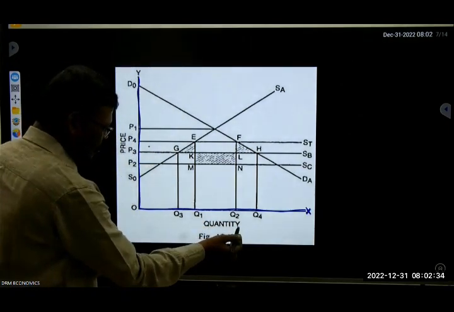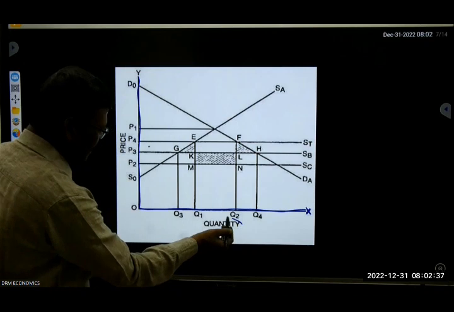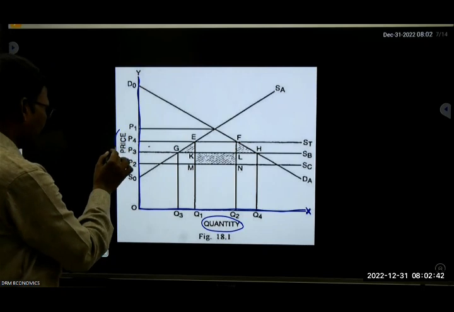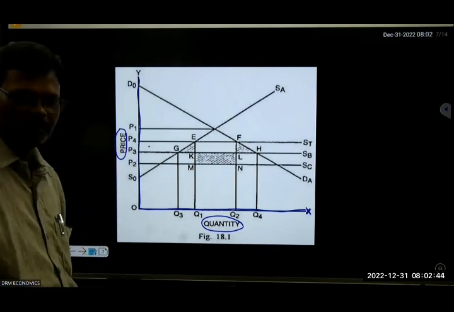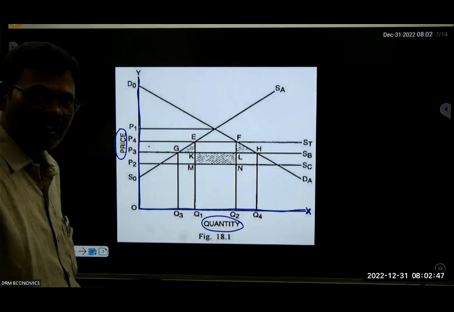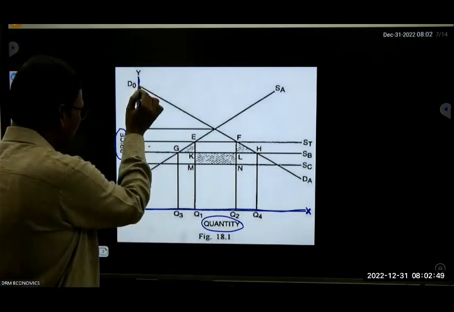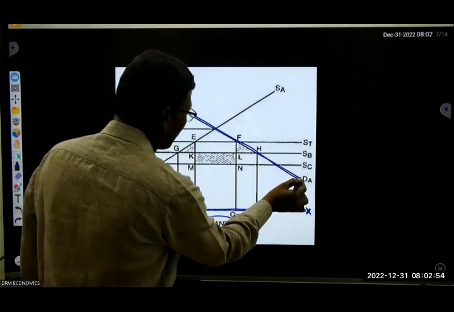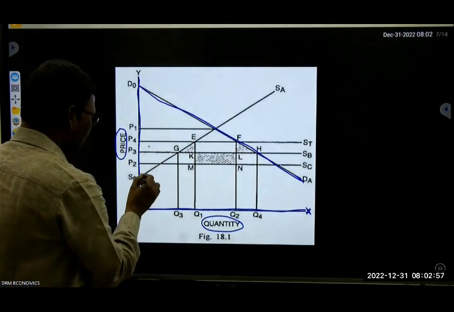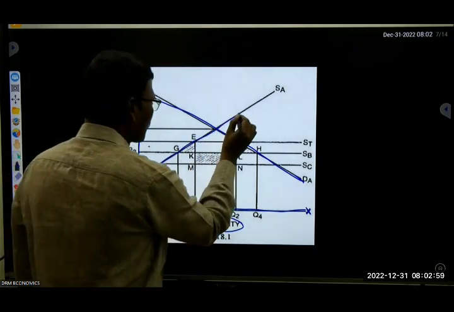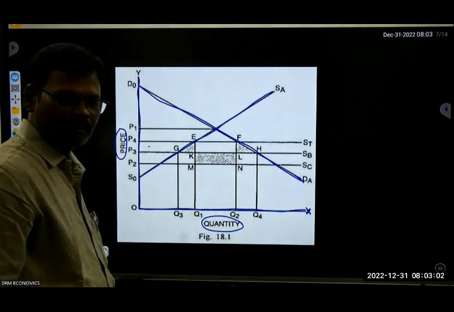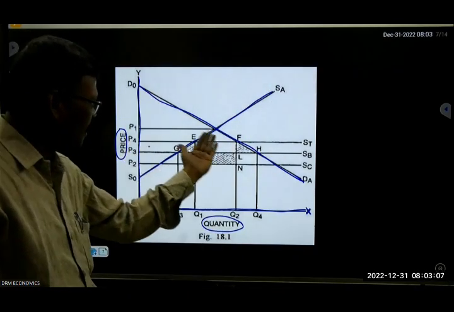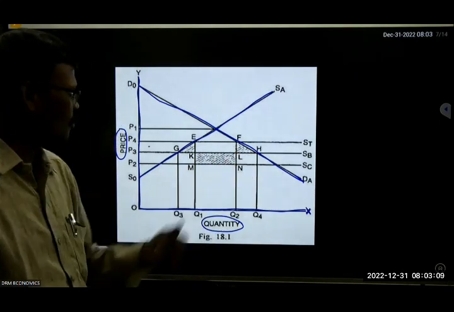Here we take the quantity of production on one axis and the price of the commodities on the other. This is the demand curve of country A. This is the supply curve of country A. The supply curve always slopes upward, whereas the demand curve always slopes downward.